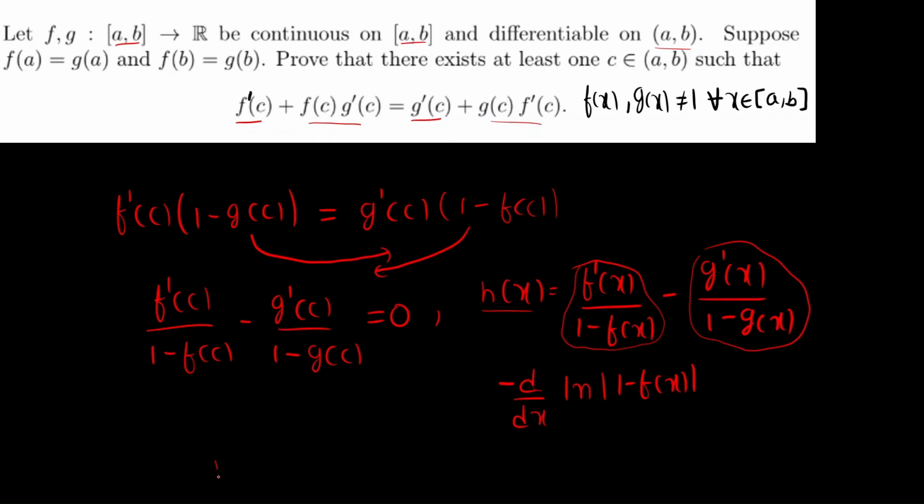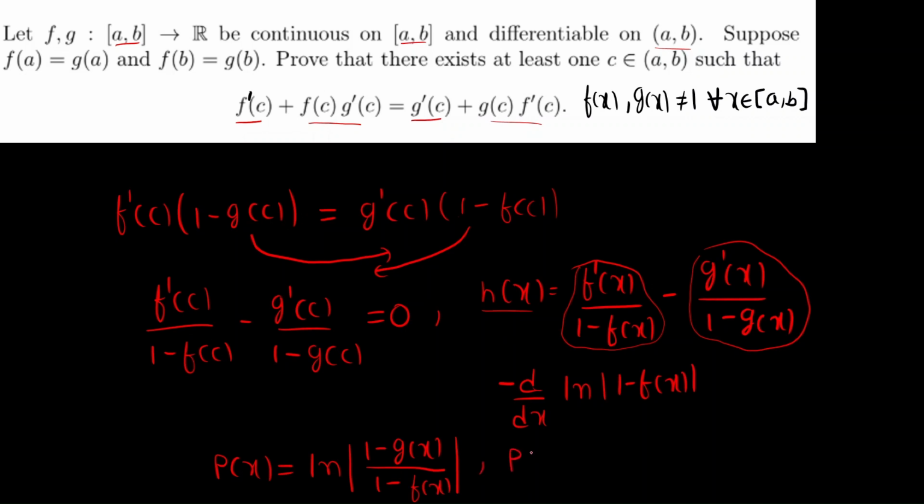Now I'll take the function p of x is equal to ln of 1 minus g of x by 1 minus f of x. We can see that if I take the derivative of p of x, I'll get h of x.